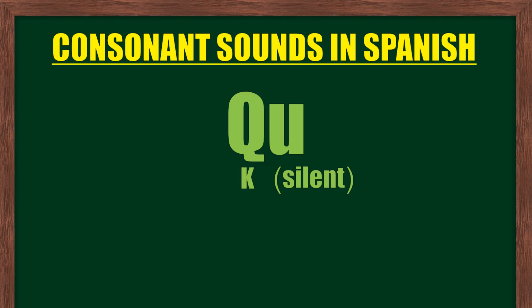So let's start with the Q. The Q in Spanish, just like in English, is always followed by a U. It's always QU. The difference is that in Spanish, when we have the combination QU, the U is silent, and we only pronounce the Q. And of course, the Q is pronounced like the K, such as in words like que, what?